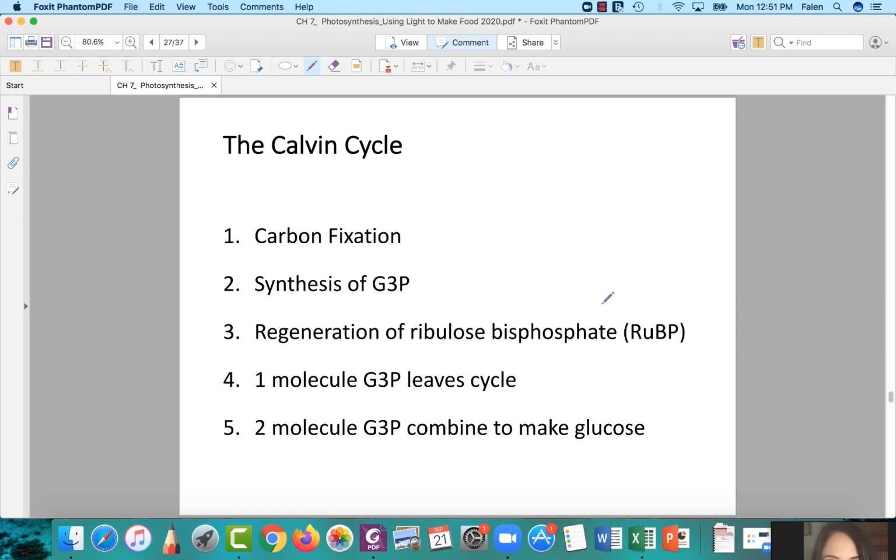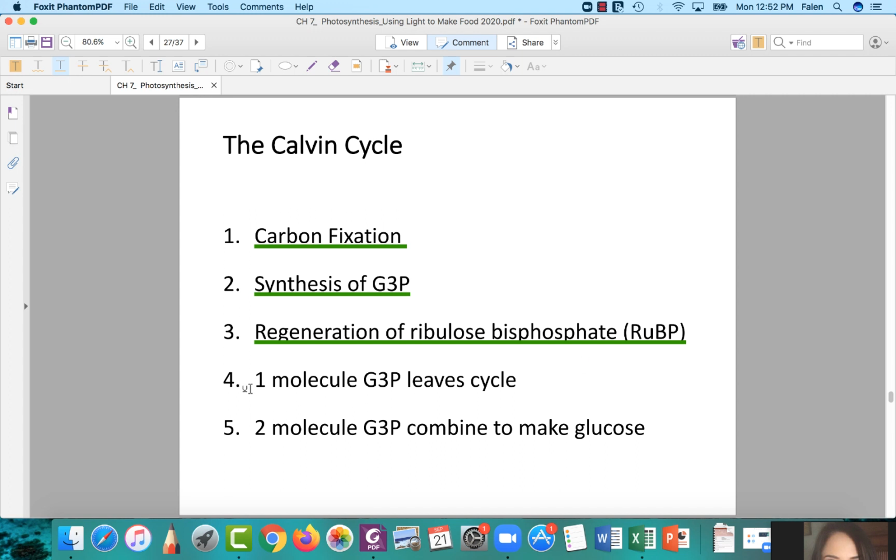Okay, now there's 3 primary steps, but I break this whole thing down into 5 steps because in truth, that is what's happening. There's 5 steps to the Calvin cycle. You'll see them say 3 sometimes, and typically it's the first 3. Carbon fixation, the synthesis of a molecule called G3P, and the regeneration of ribulose bisphosphate, or RuBP.